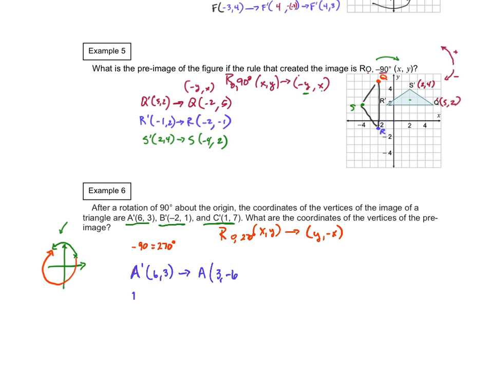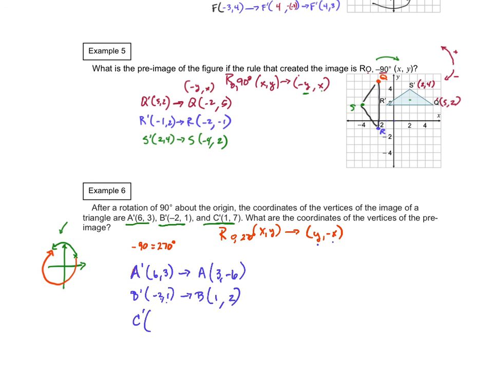And then B prime is going to be (negative 2, 1), and that's going to map to B, where the y value is 1, so that'd be my new x, and the x value is negative 2. Negative 2 times a negative becomes a positive 2.